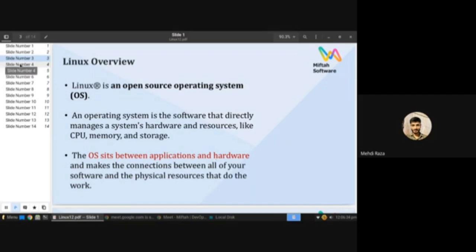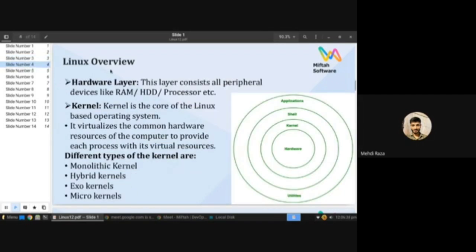Now come to the next slide. We have the layers of a Linux operating system. The innermost layer is the hardware layer. As you can see, hardware layers include devices like RAM, hard disk, and processor.